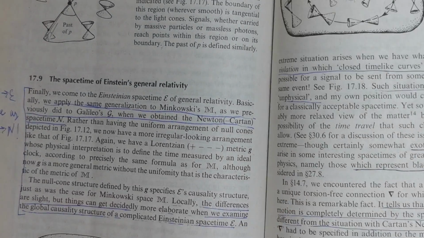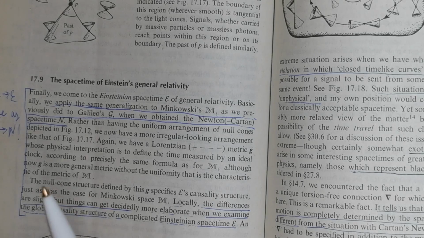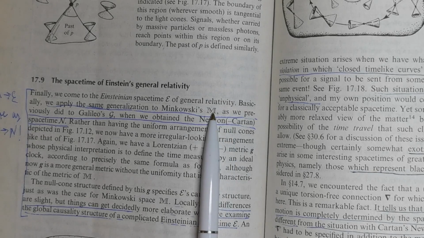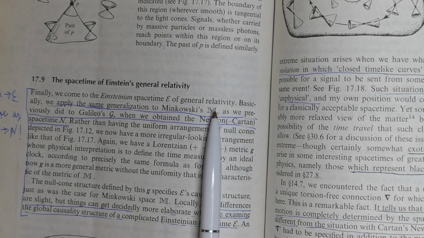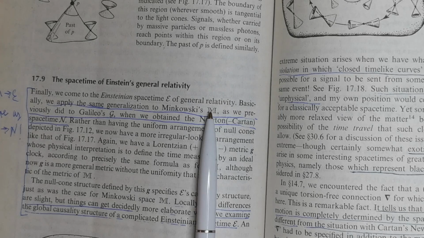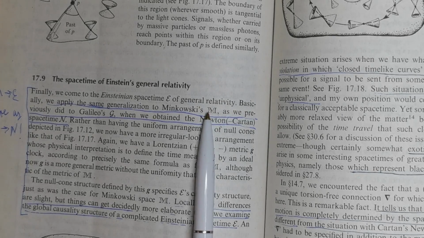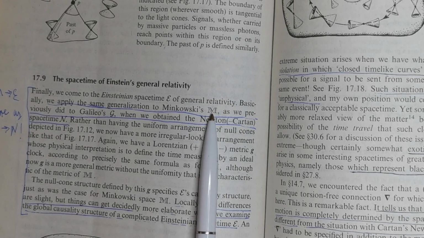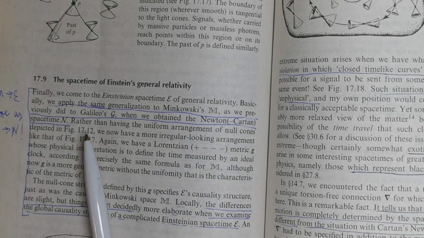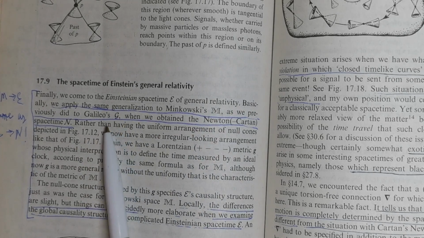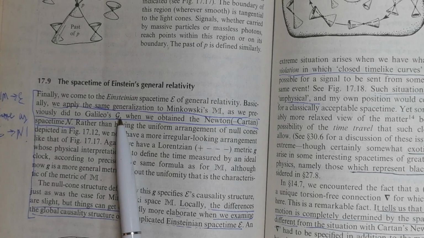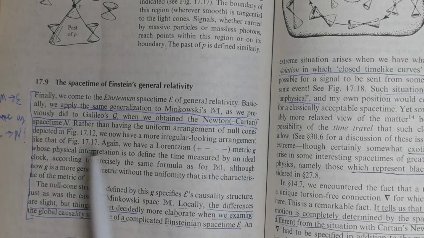So the main idea here is that we can now apply the same generalization to the Minkowski space. We had, as far as I understand, a four-manifold with those Minkowski spaces as tangent spaces for the velocities. And previously we had the procedure of moving from the Galilean G bundle to the Newton-Cartan space-time.